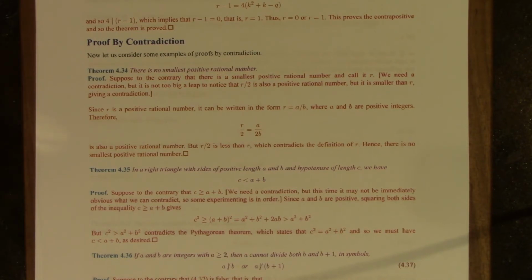Now we need a contradiction. It's not really too big a leap to see that if there is a smallest positive rational number r, then what about r over 2? It's positive, it's rational, but it's smaller than r, and that's where the contradiction will come from.